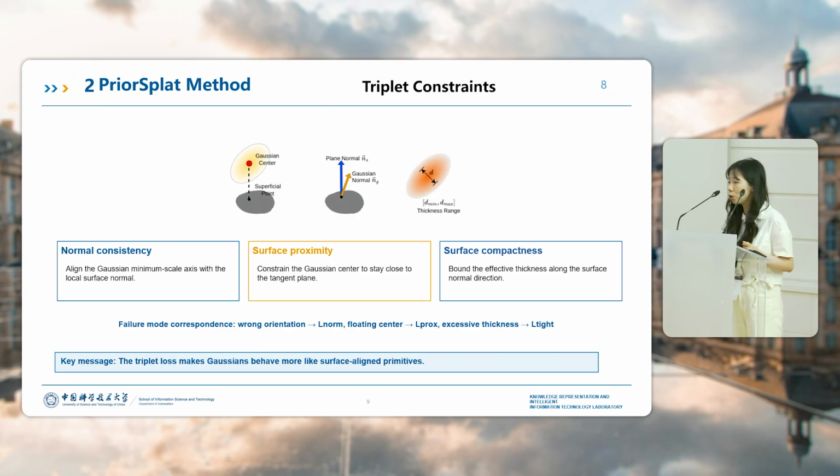This prevents floating. Third, surface compactness. We bound the effective thickness of each Gaussian along the surface normal direction. This prevents excessive volume float. Together, these three losses make the Gaussians behave like surface-aligned primitives, directly counteracting the geometric inconsistency problem.